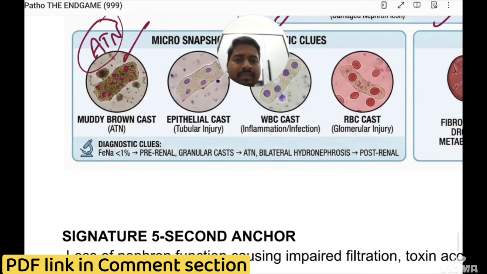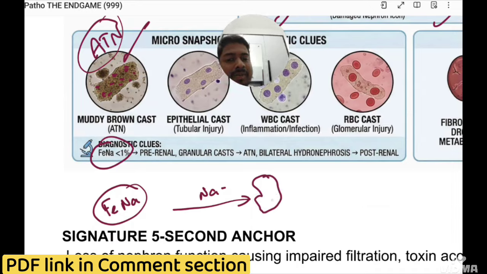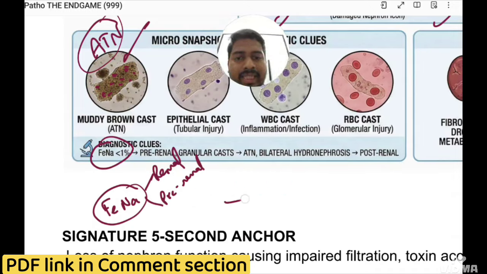Okay, next, what is this FENa? FENa is nothing but fractional excretion of sodium, which means out of whatever sodium comes into the kidneys, how much is excreted by the kidneys, that is the fractional excretion of sodium. Now what happens in pre-renal and renal? FENa is used to differentiate whether the AKI is renal or pre-renal.